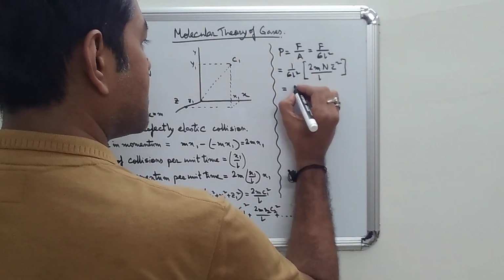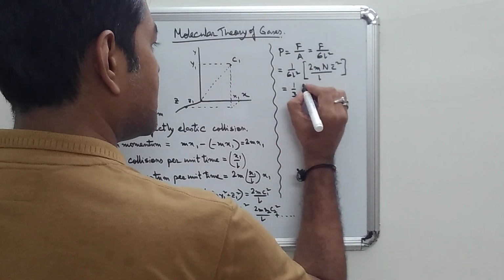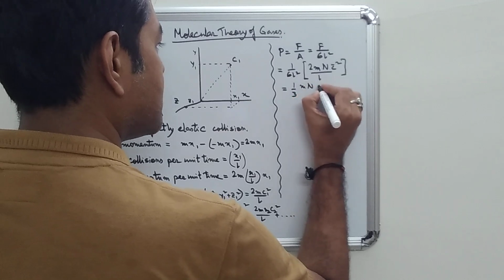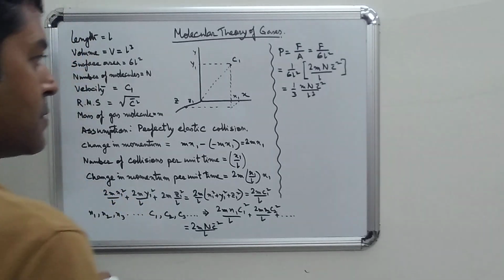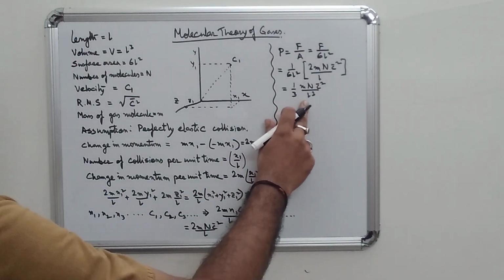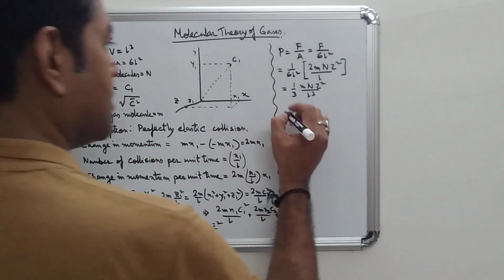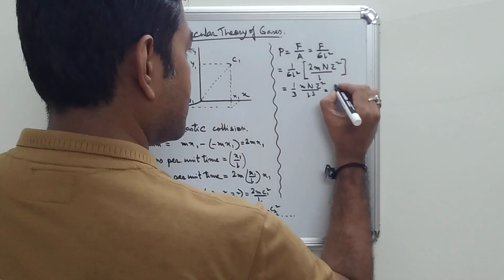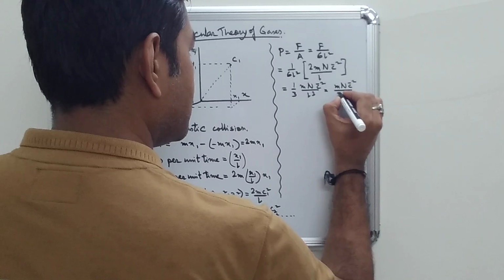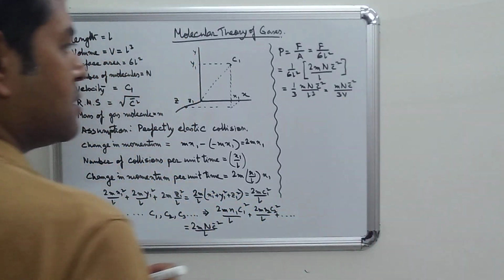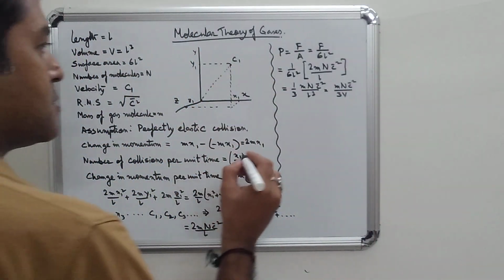Thus, after simplification, 1/3 m N c bar square by L cube. L cube is nothing but the volume. So, m N c bar square by 3V will be the pressure term.